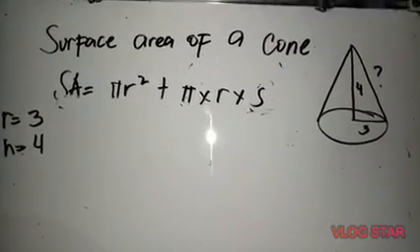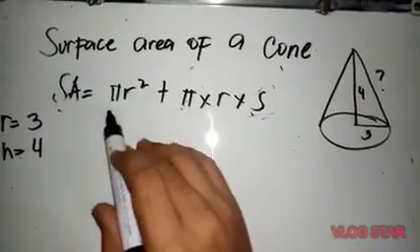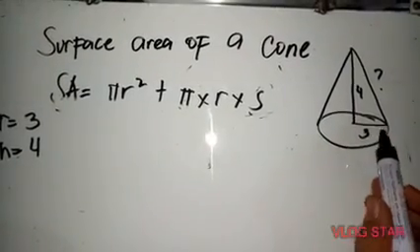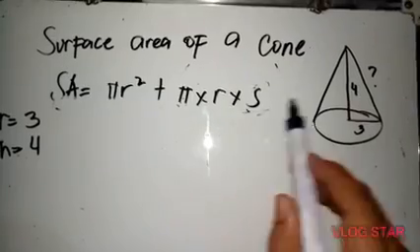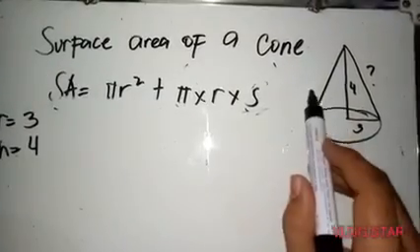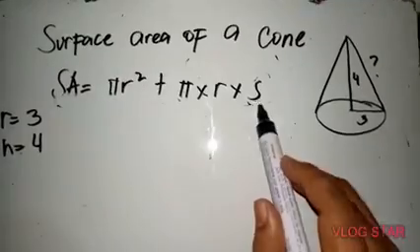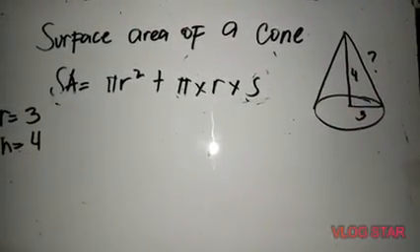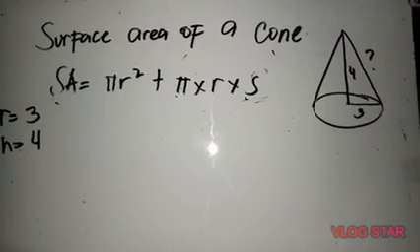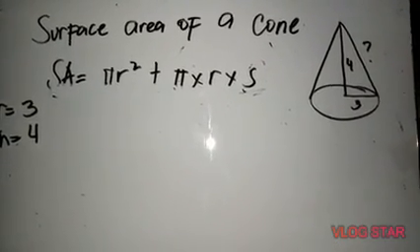For the surface area of a cone, the formula is pi r square for the area of the base, and pi times r times s, the slant height, for the lateral face of a cone.